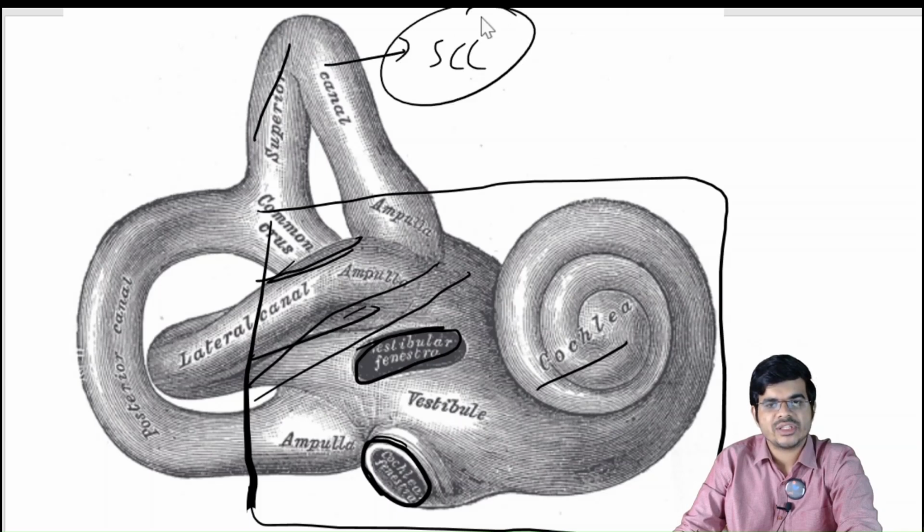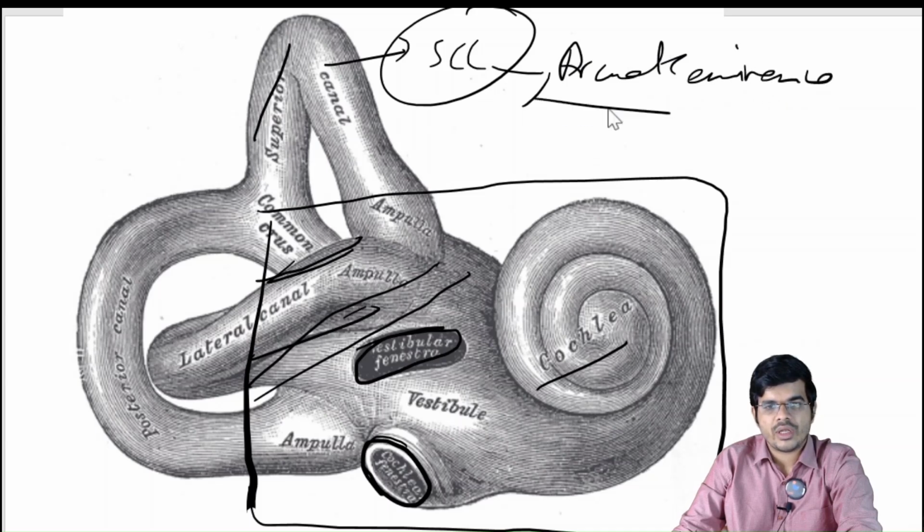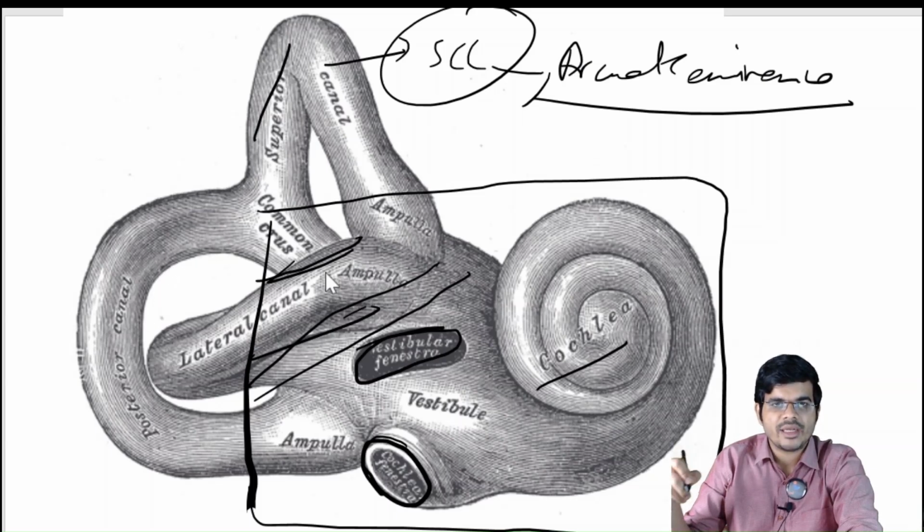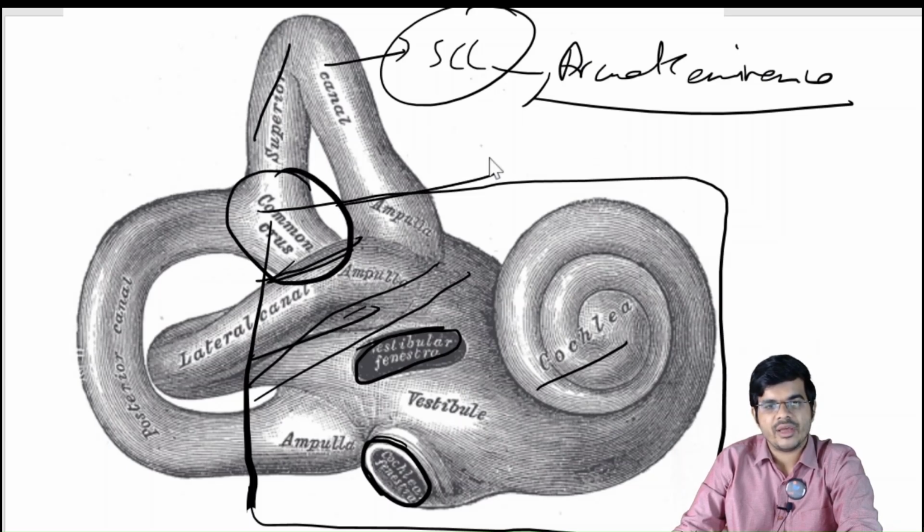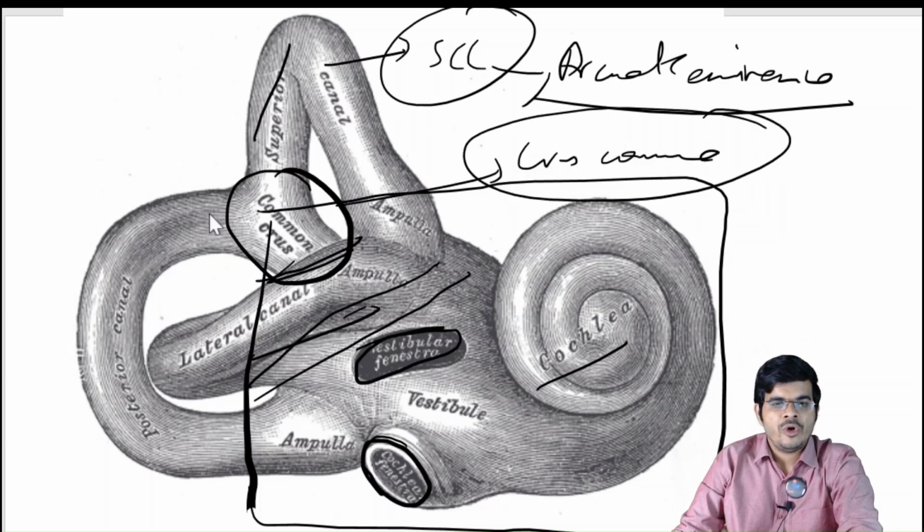Now the part which is projecting upwards is the superior semicircular canal. As the name implies, the superior semicircular canal projects upward and forms a projection in the skull base called the arcuate eminence. Now the non-ampullated ends of the superior and posterior semicircular canals are joined together to form the common crus, or crus commune. Here you have the crus commune.